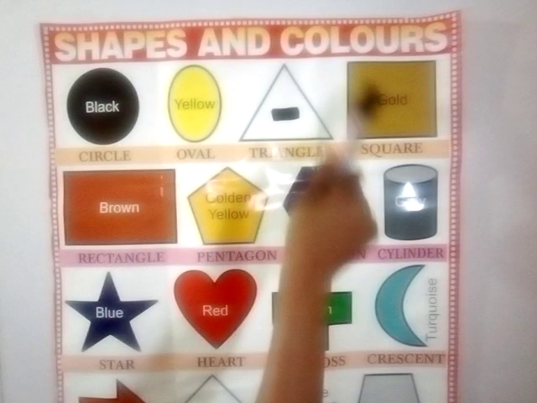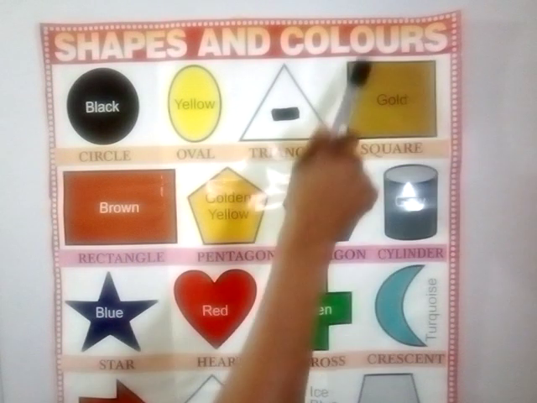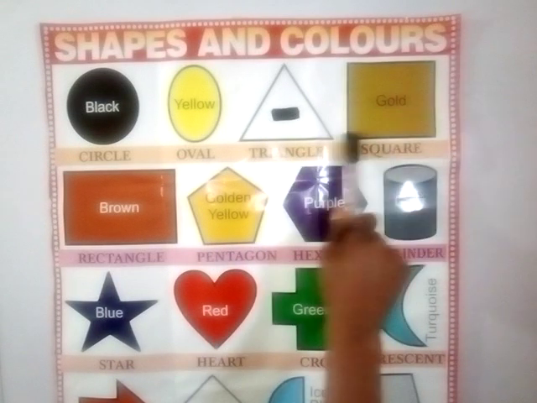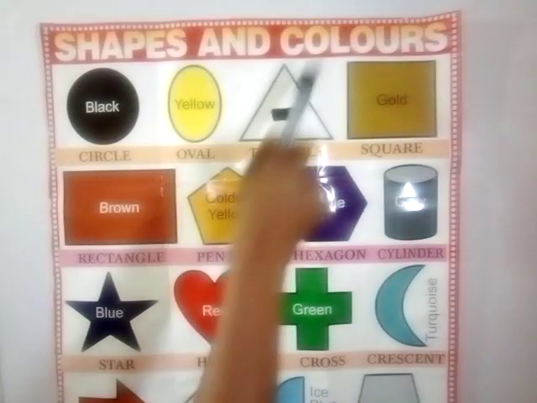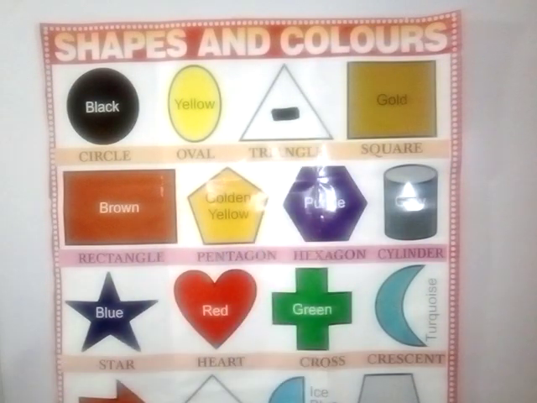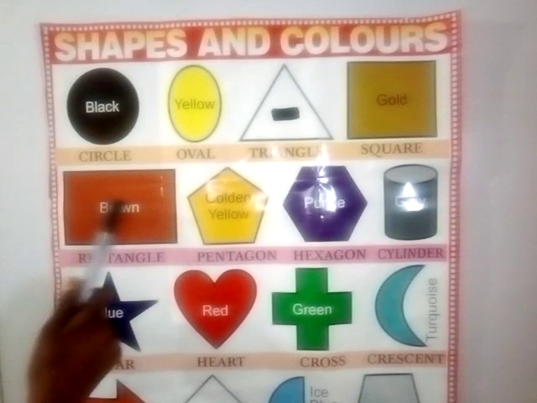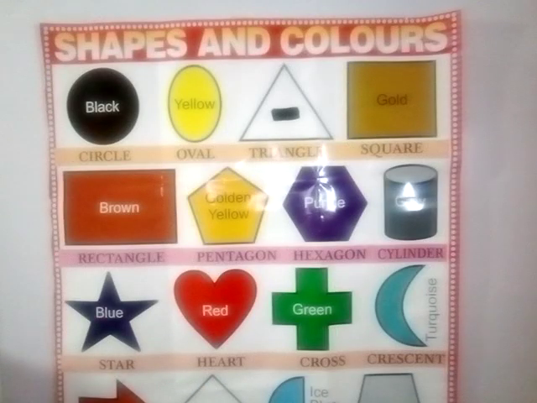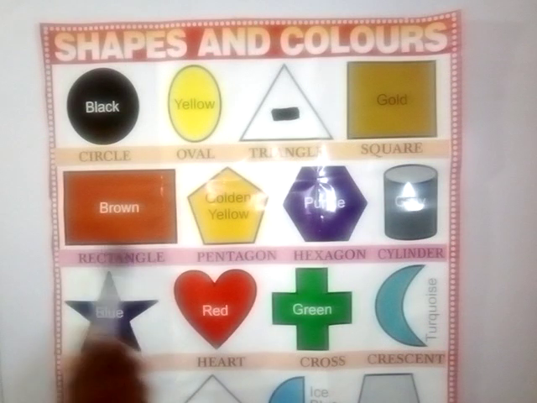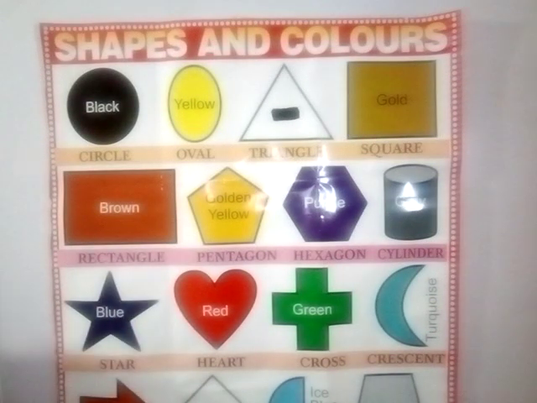And then the next one here, you have the four sides are equal. This shape is called a square. All four sides are straight and they are equal. And then the next one also has four sides, just like a square. But the difference here is that two sides are longer than the other two sides.